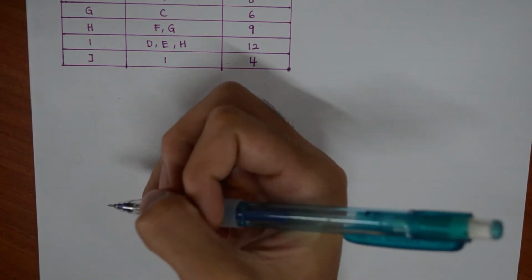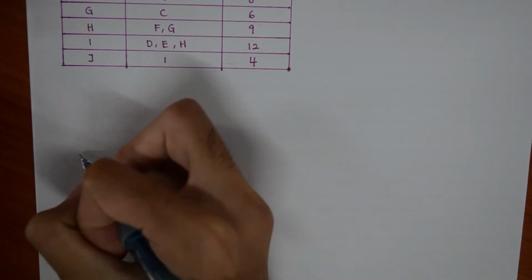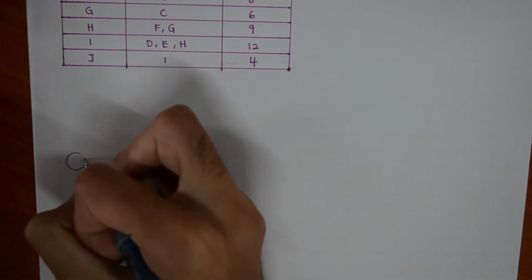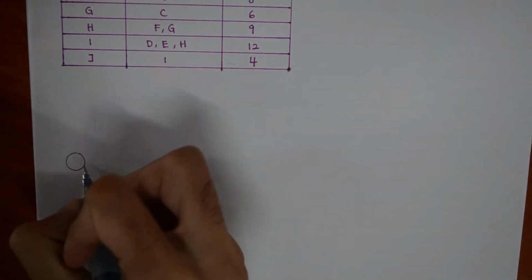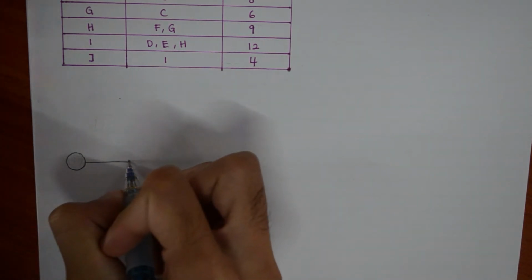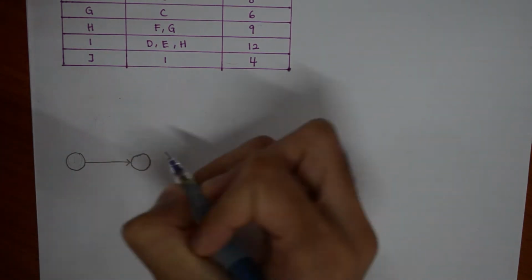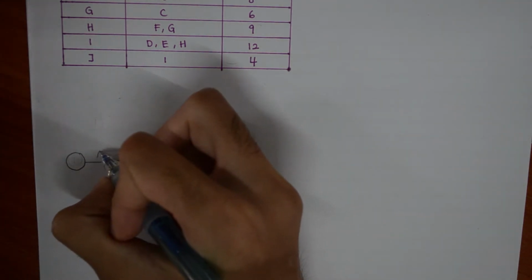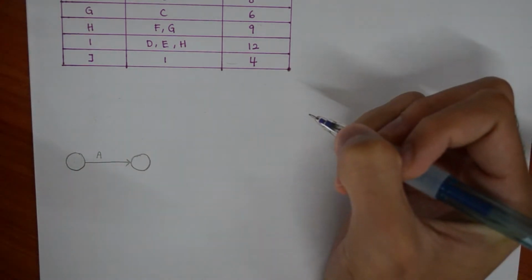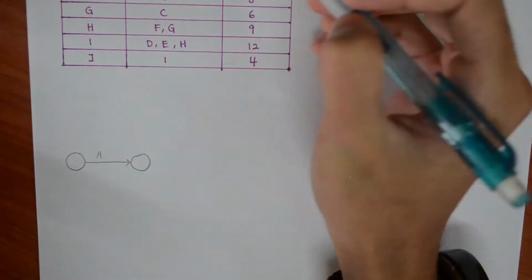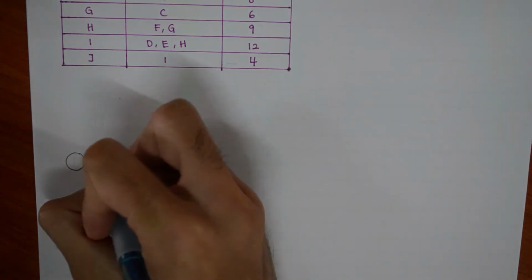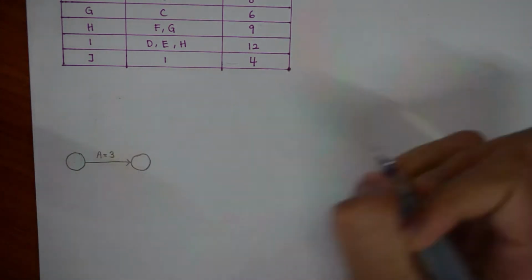Here we are going to try one of the examples for you to see clearly how this works. Firstly, we draw the starting node and the arrow to connect with the next node. On top of the arrow, we put the activity. So for A, the duration is 3. Okay, so we put A equals 3.